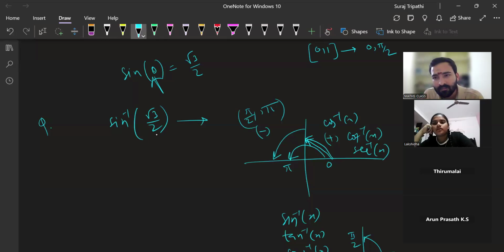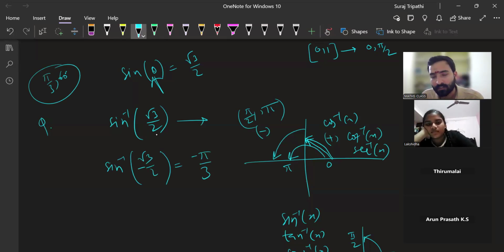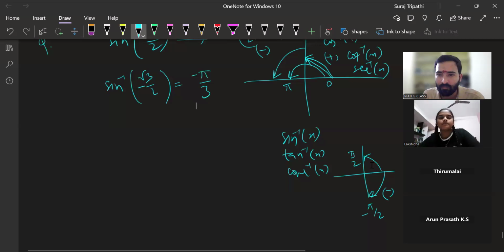Pi by 3, yes, for sine inverse. Pi by 3 means 60 degrees. Sine 30 is 1 by 2. Sine 60 is root 3 by 2. Now, if I write down the same thing, sine inverse of root 3 by 2 but negative, the answer will be minus pi by 3. Right? That's what I am explaining here by these two graphs.